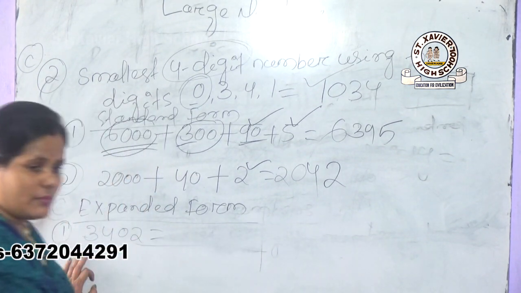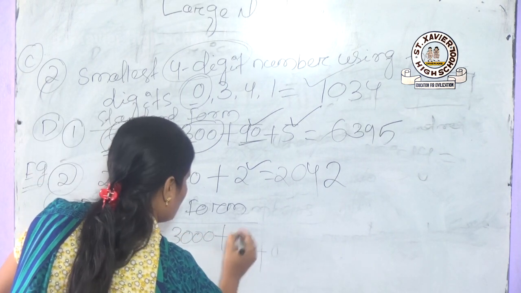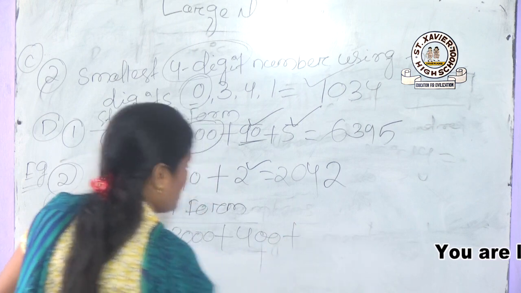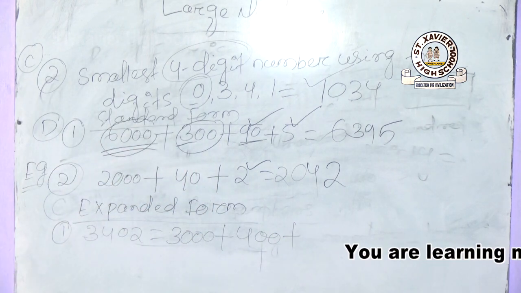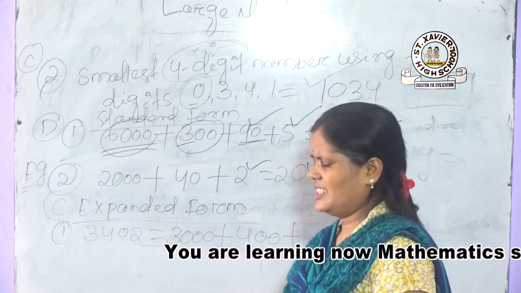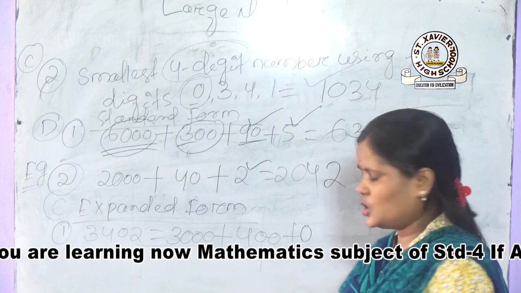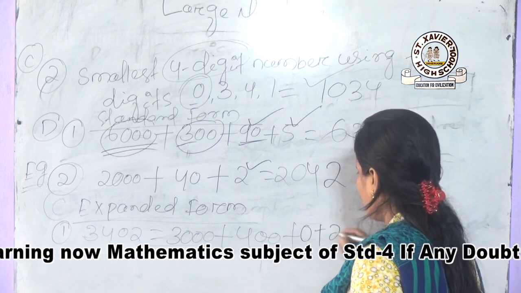How can you write this number in expanded form? 3000 plus 400 plus 0 tens, that means 0. So there is no need to write the 2 zeros. Write down only one 0, 0 tens, then 2 ones.